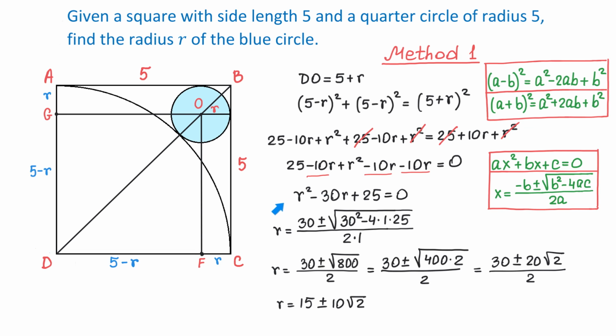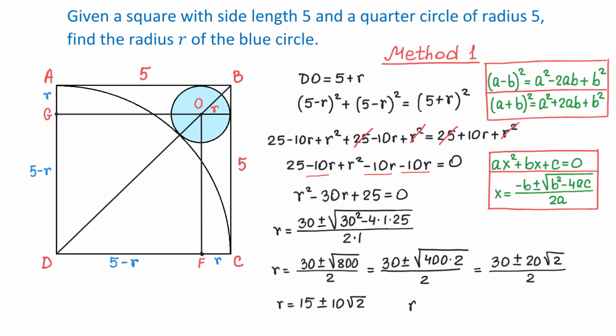So this equation has two solutions, and one is 15 plus 10 square root of 2, and the other one is 15 minus 10 square root of 2. Now, for our problem, we need to ignore the first solution because 15 plus 10 square root of 2 is approximately 29 units. And this radius cannot be 29 units.